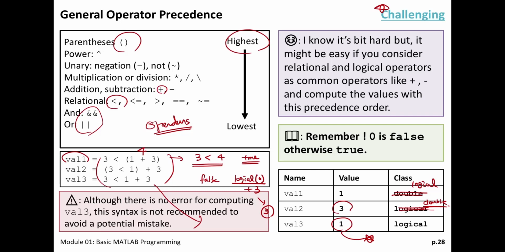The rule is that these are all operators, and then computing the value based on the operator precedence. That's why there's no error on this expression. So do the plus first and then apply the relational operator later. That's why you will get this value.